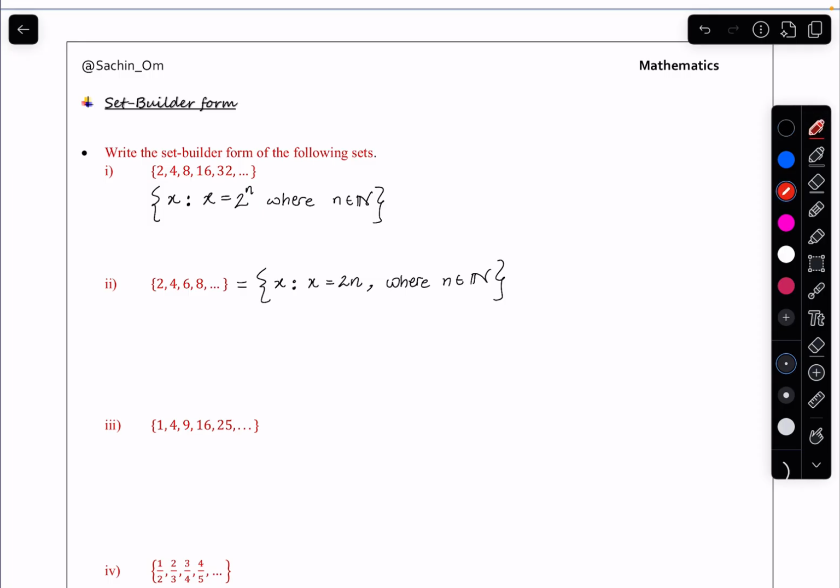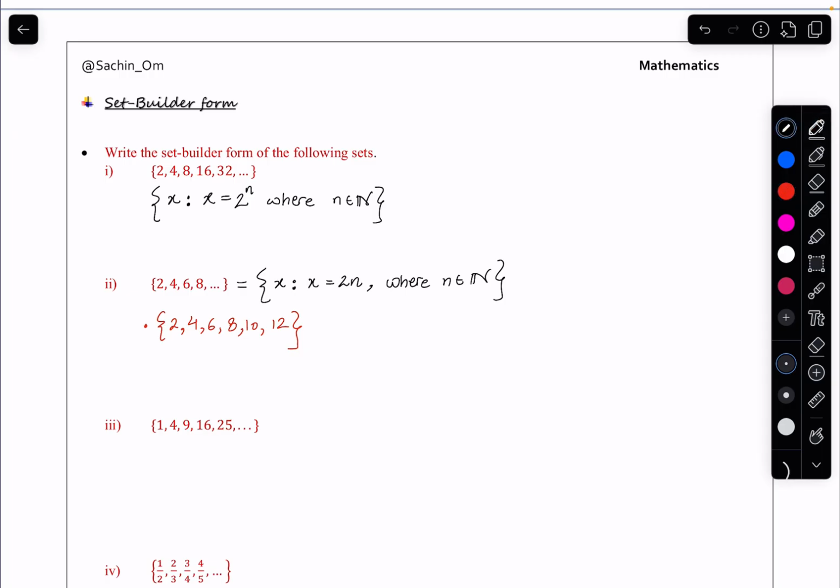Let me take a different example. Let me take a finite set instead. Let me take 2, 4, 6, 8, 10, 12. Unlike the last question, which was an infinite set, I have only taken the first 6 multiples of 2. Then I need to write the set builder form.